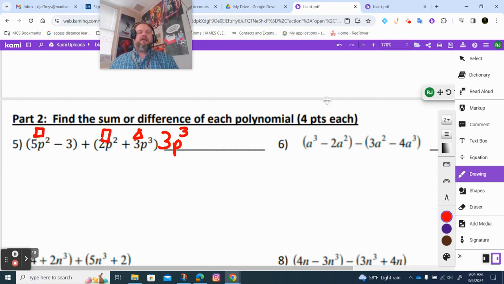This one's really hard, guys. What is 5 plus 2? 7. And then our little constant just right here. This is our minus 3, and we just kind of tag it along.